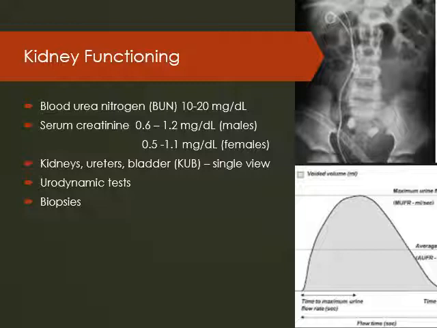So hopefully it will look like this with a high peak, showing that they have a strong urine flow. Sometimes it's more like a little squiggly line, that they just don't have enough oomph, and that gives a good picture of why maybe they're retaining urine.